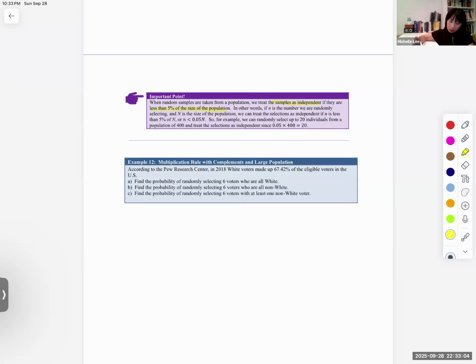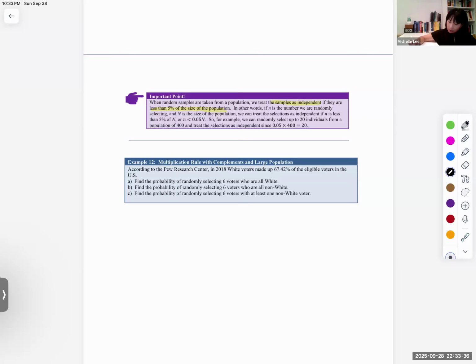All right, so let's do this example. We have a multiplication rule and complement for a large population. The Pew Research Center says that 67.42% of eligible voters in the US are white. What's the probability that randomly selecting 6 voters, all are white?